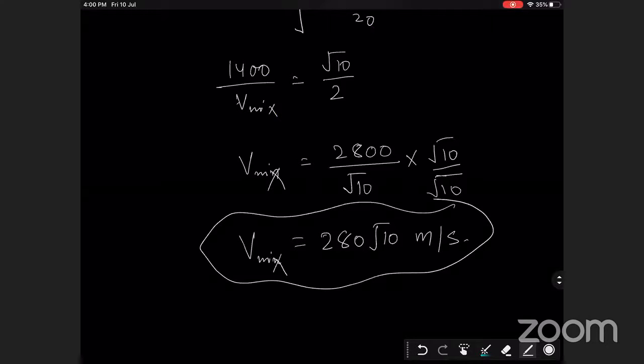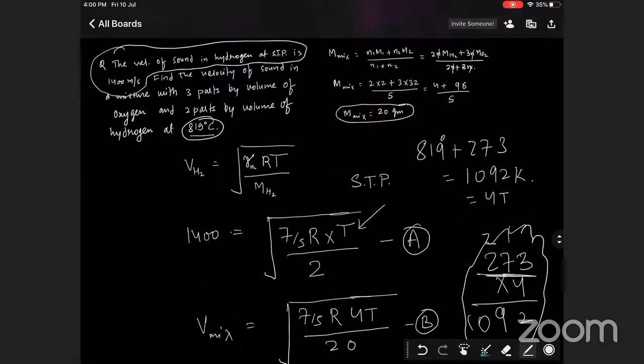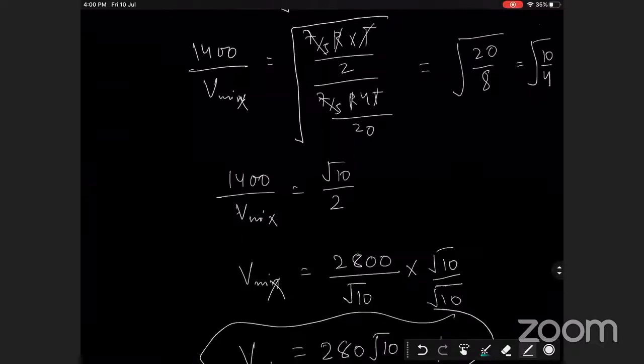Mass of hydrogen is 2 gram, oxygen is 32 gram, molecular mass taken correctly. You cross check later. 1092 is 4 times STP, no problem, it is 273 at STP. You do it on your own once again and tell me if there is something wrong. I think I am correct.